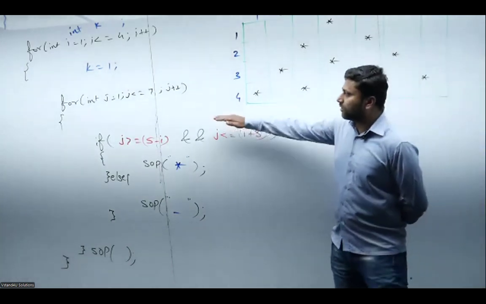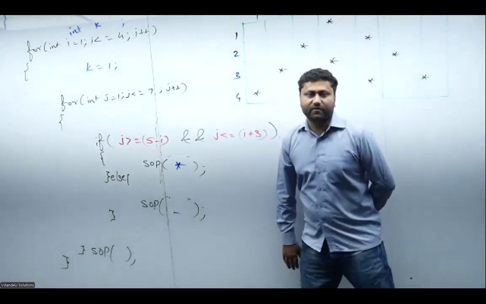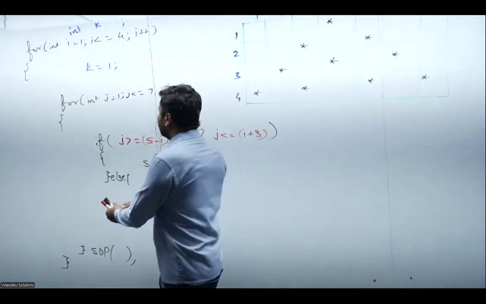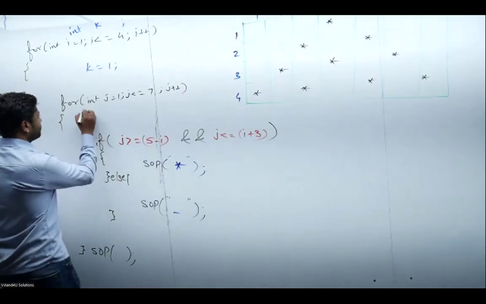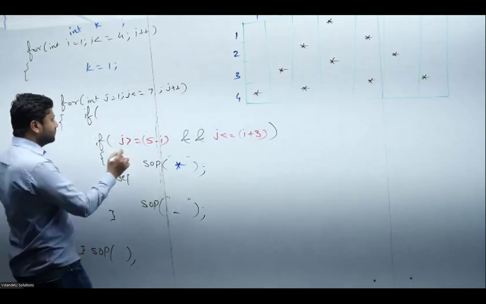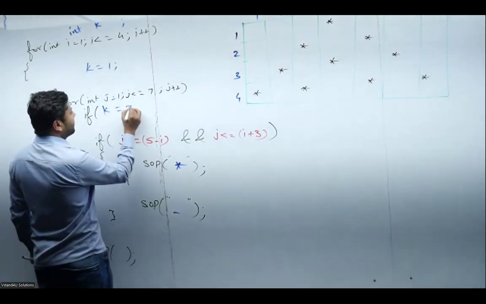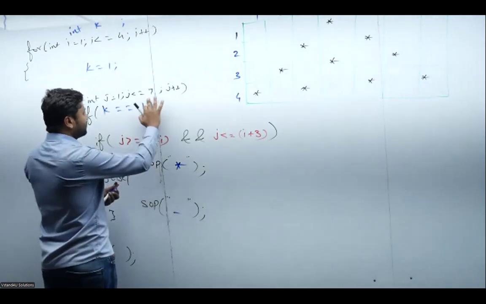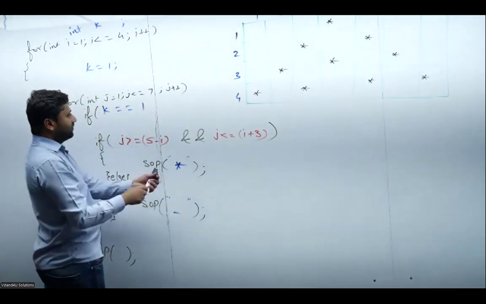One place where I should write the condition. Within this loop or before the loop? Let's check. Within the loop, what is the condition, sir? If at all k modulus of 2, or chalo, k double equal to 1, then I should be doing what? Tell me fatafat.